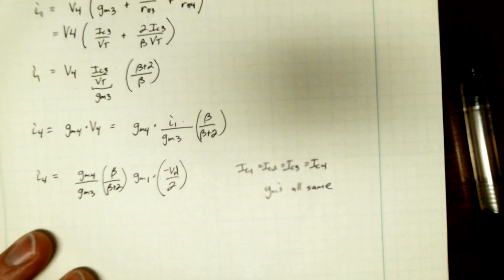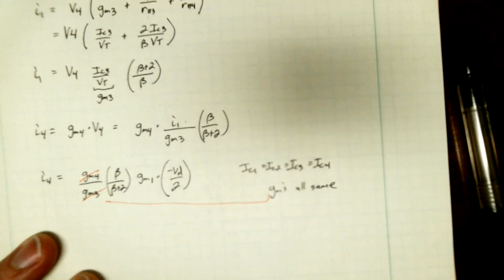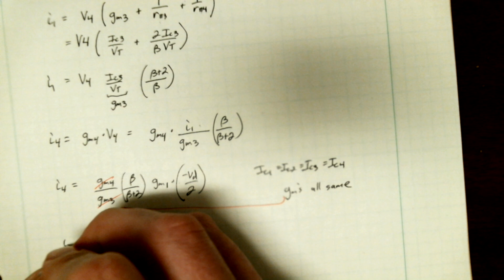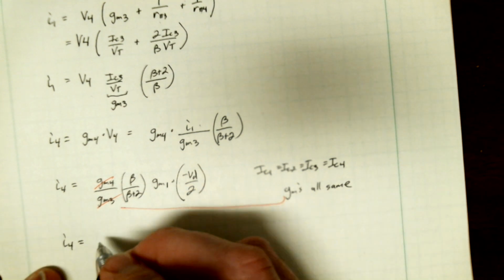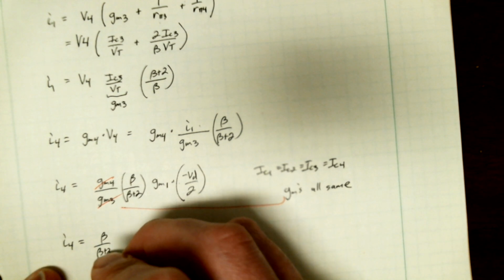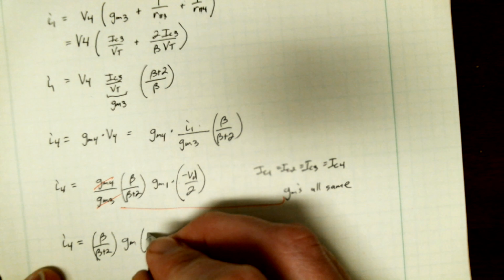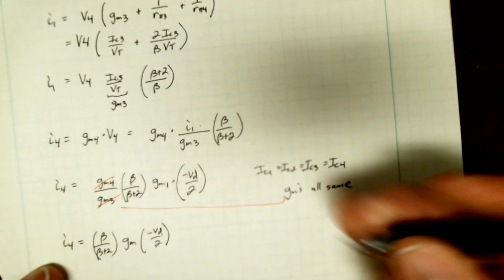GMs are all the same. Because of this, those go away. And I'm going to write I4 is beta over beta plus 2 GM and then minus VD over 2. Okay, great.